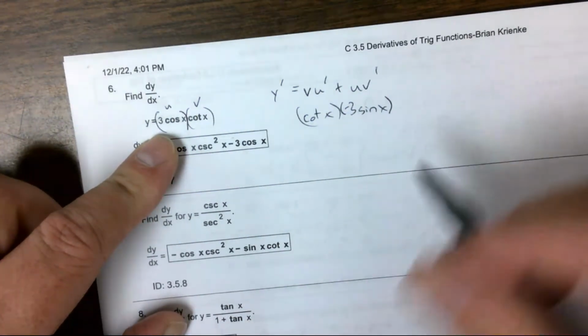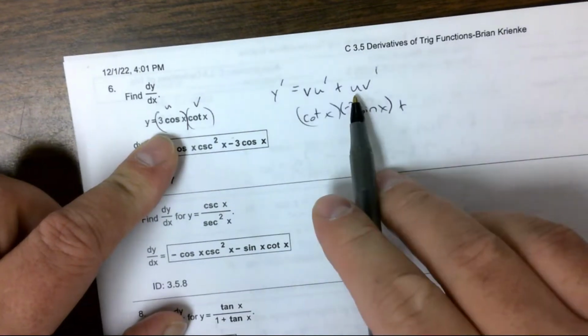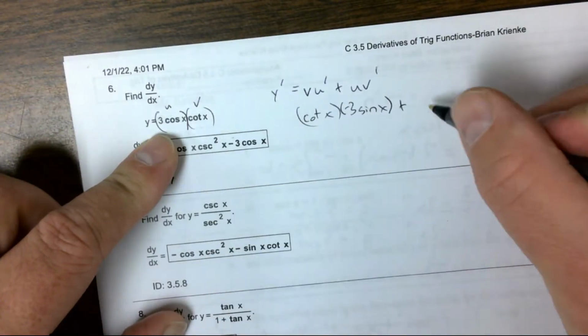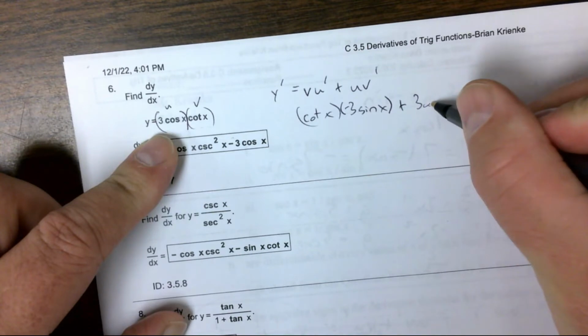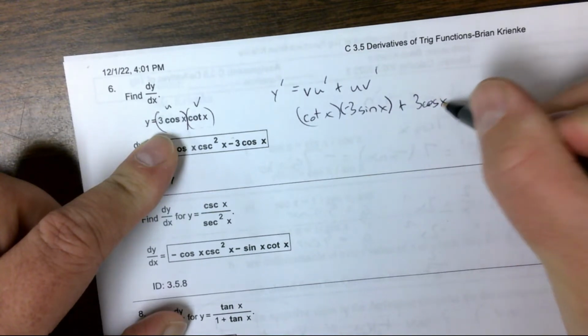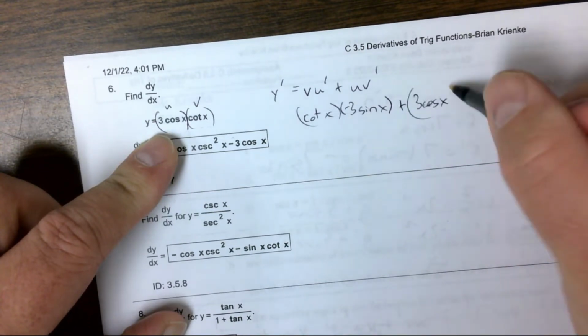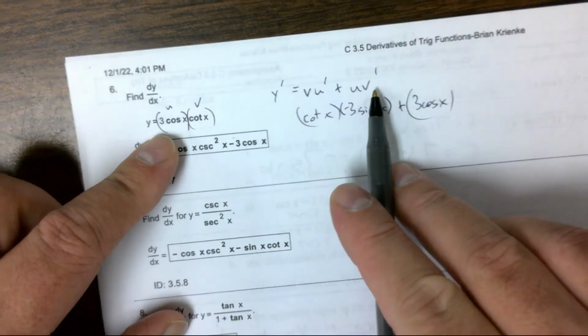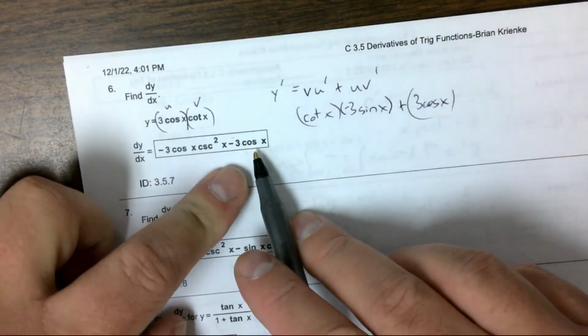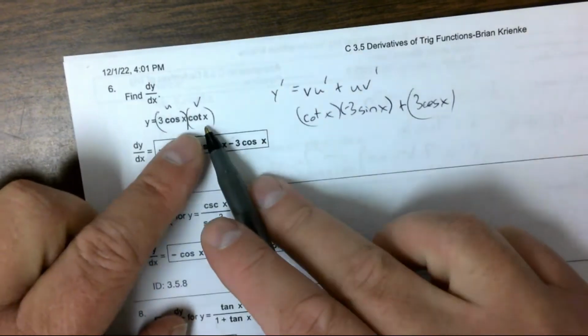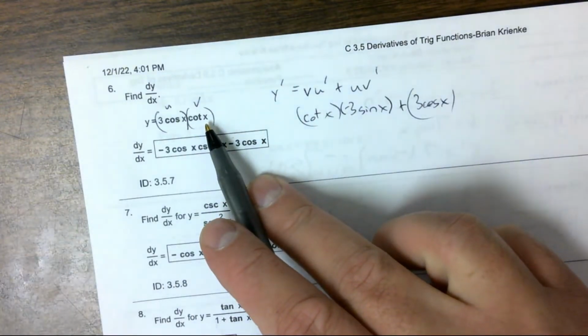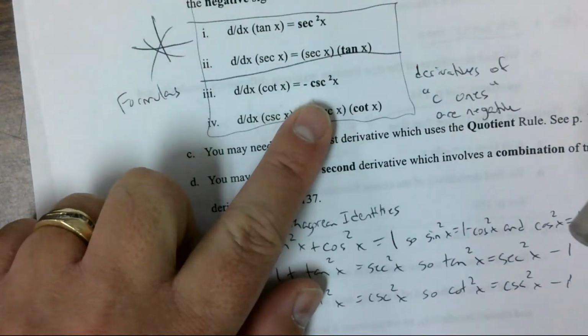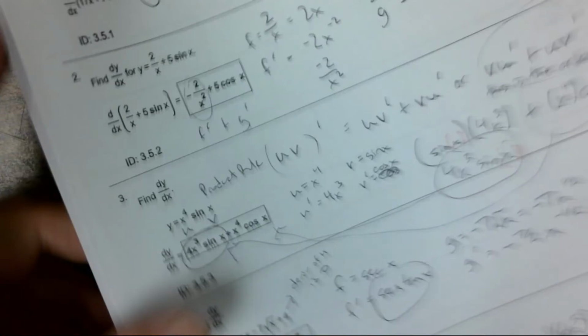Now we need a plus sign, and we keep the u part the same, which is 3 cosine x, and we multiply by the derivative of v. Well, the derivative of cotangent is negative cosecant squared, so negative cosecant squared x.